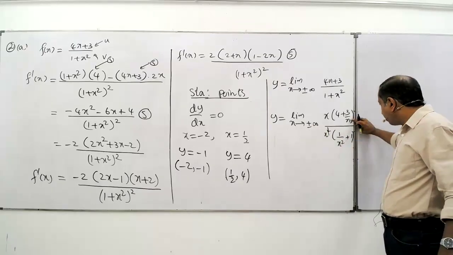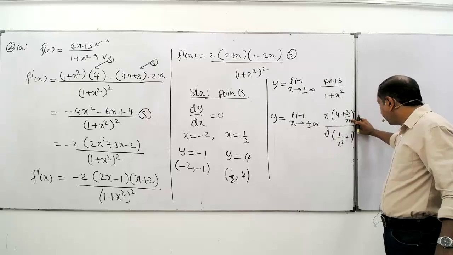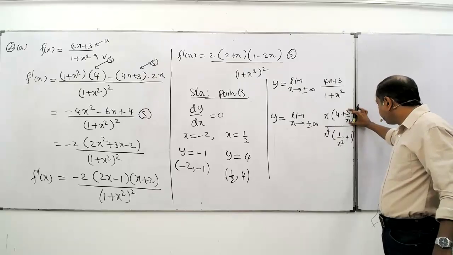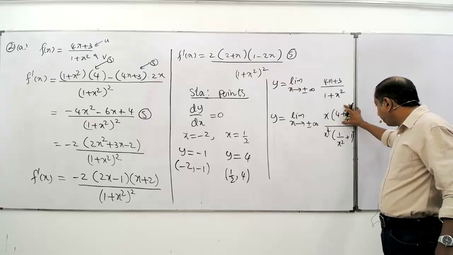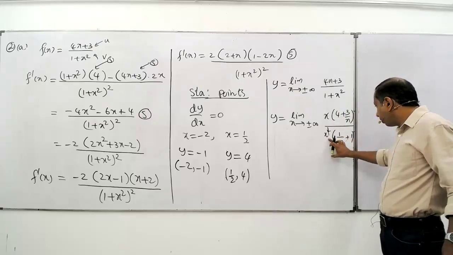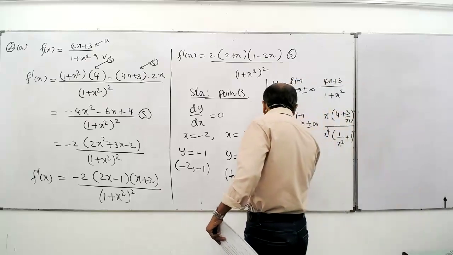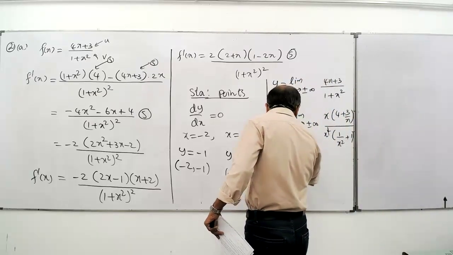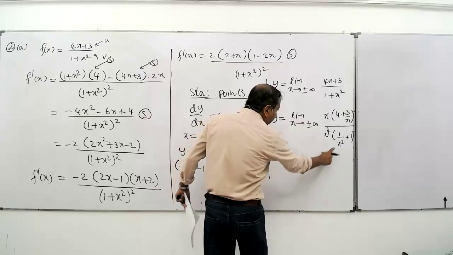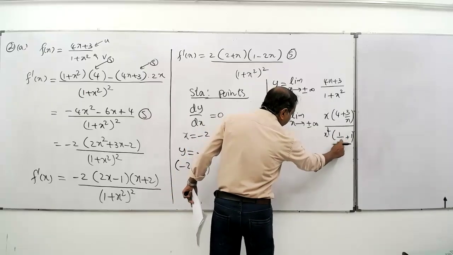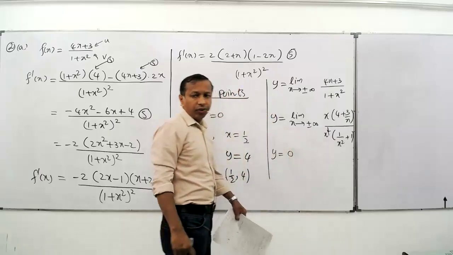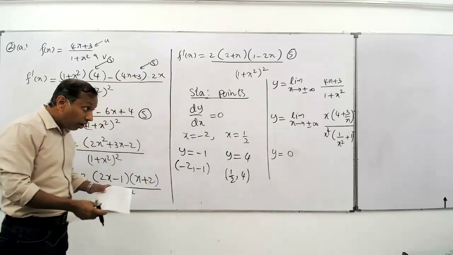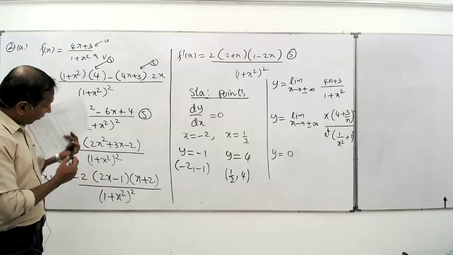What happens when you put x to infinity here? This is 0. Then this numerator is 4. Here this is 1, but this is infinity. We substitute that. What do you get? This is 1 inside the bracket, this is infinity, 1 over infinity is 0, so y is 0. Now let's sketch the graph. No, we have to prepare the table.